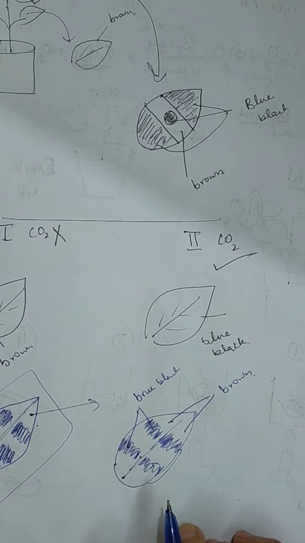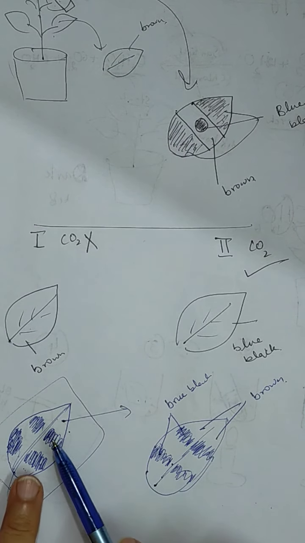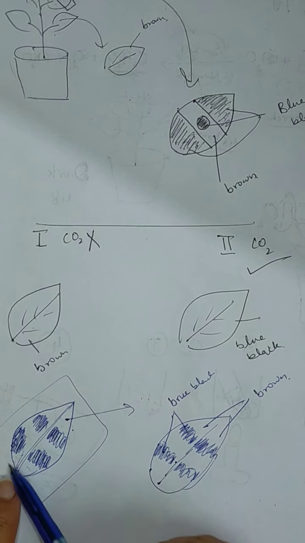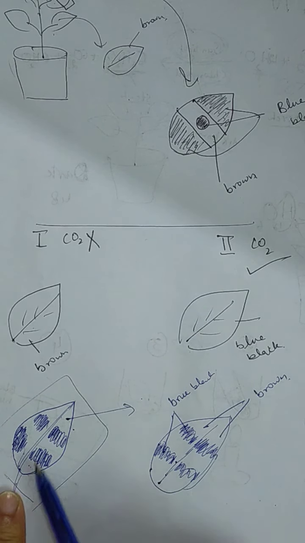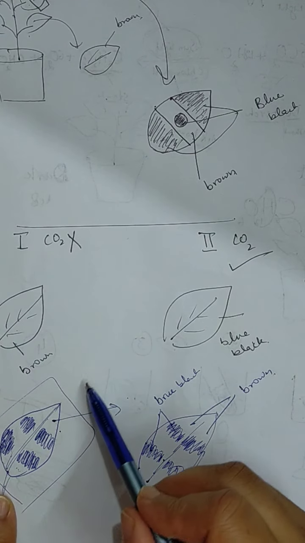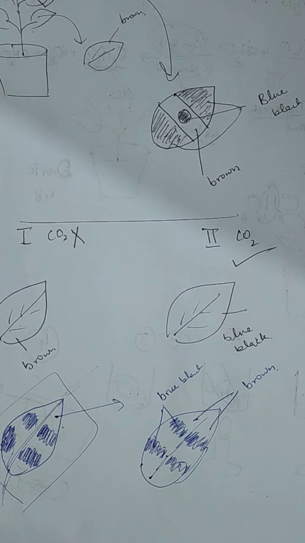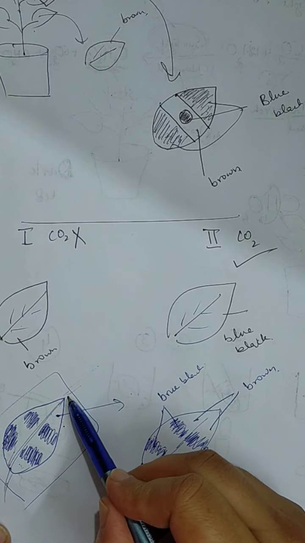Is this clear? Normally, if we do not de-starch this plant and directly take a leaf, pass it through the same procedure and apply the iodine test, what will happen? The whole leaf will turn blue black.